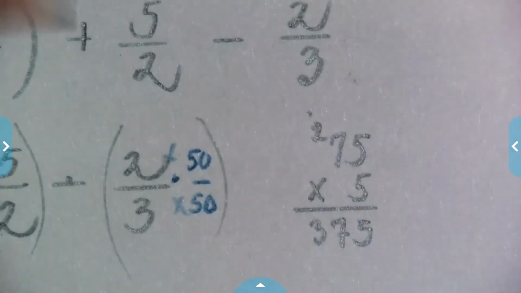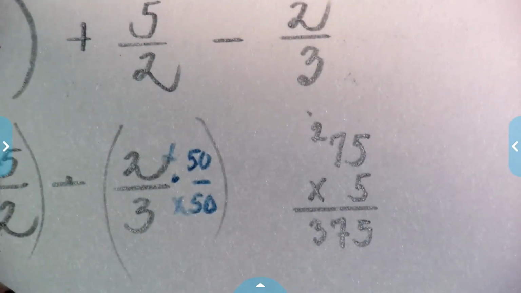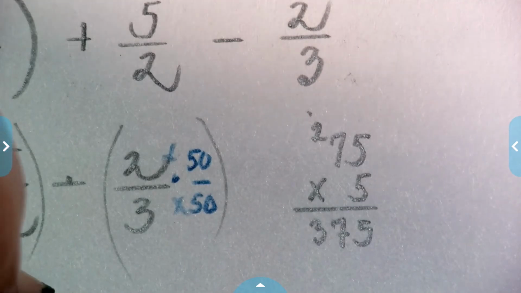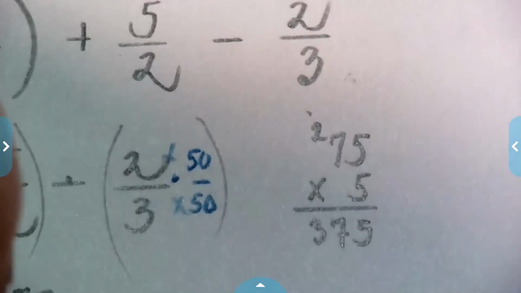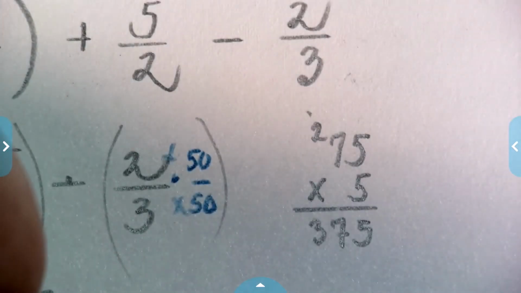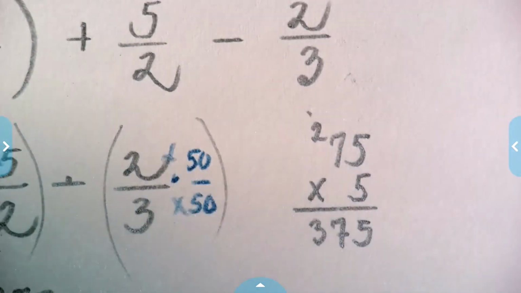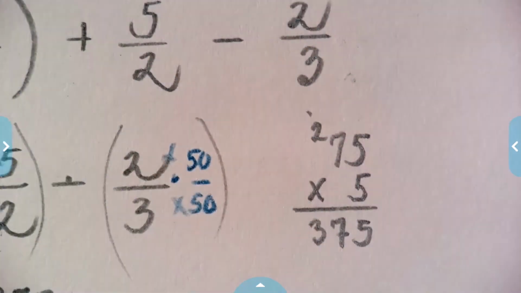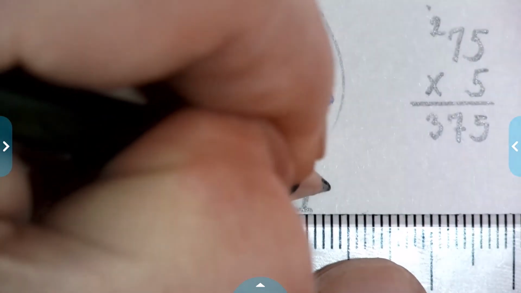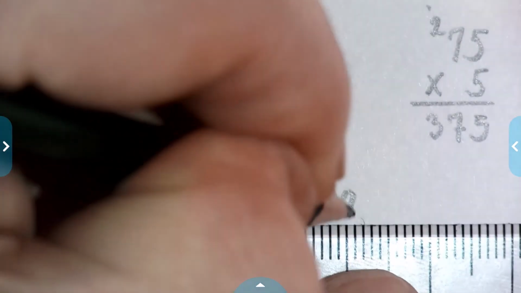Okay, so I got 375 up here. Over 150. Minus, and then 2 times 50 is 100. Over 3 times 50 is 150.